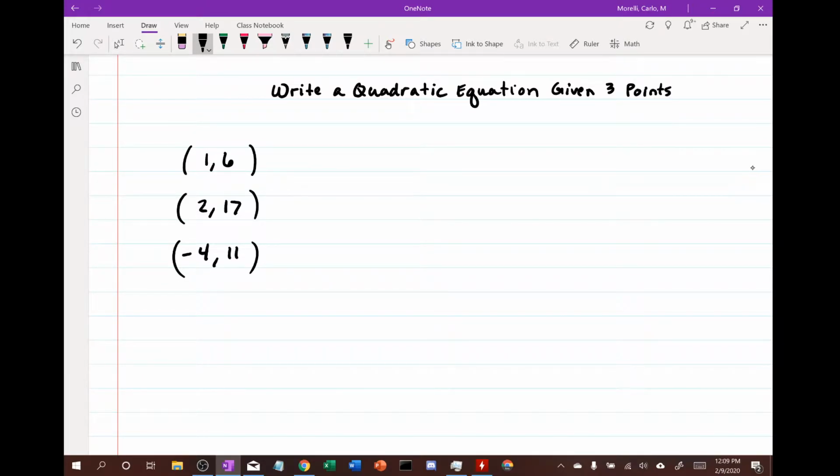So we're given 3 coordinates, and we want to write a quadratic equation that fits these coordinates. And what we want to use here is substitution.